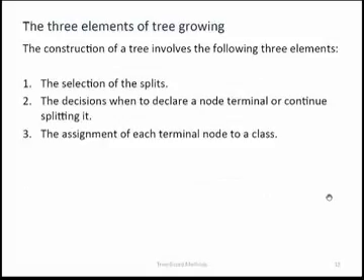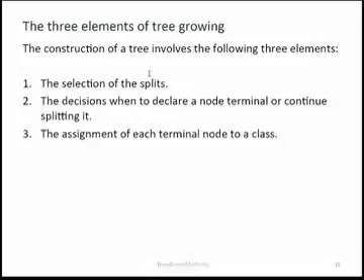All right. So how do you grow a tree? There are three elements to it. One is the selection of the splits. Okay. What does that mean? Well, it's really actually kind of easy to think about. If I asked you, again, what's a logical way to solve this problem?